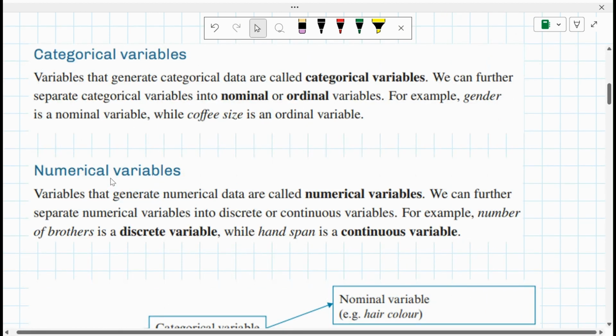Numerical variables have a difference as well. We can further divide them into two parts, which are discrete and continuous variables. Number of brothers is a discrete variable, and handspan is a continuous variable.